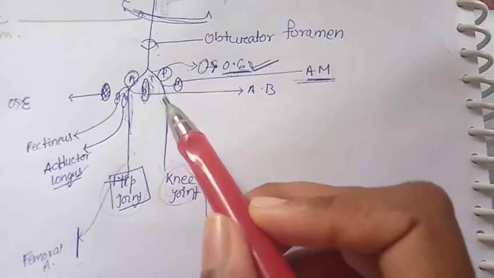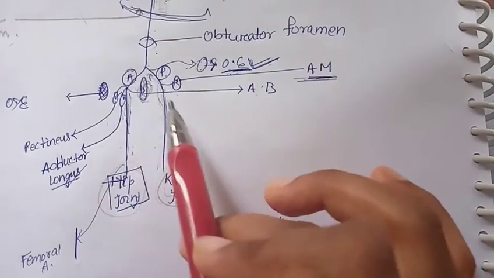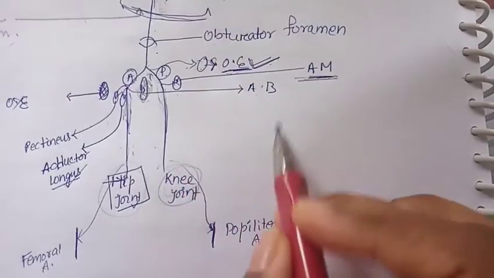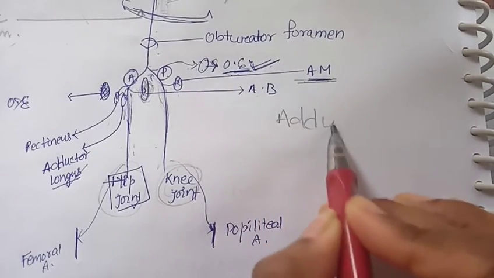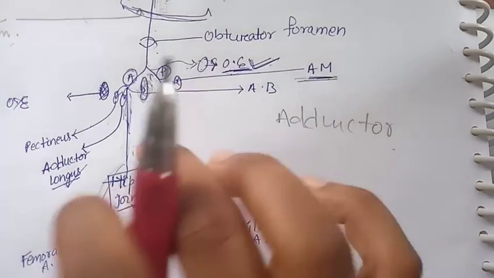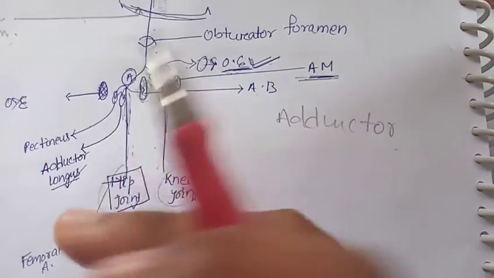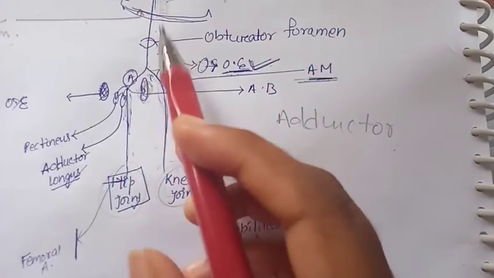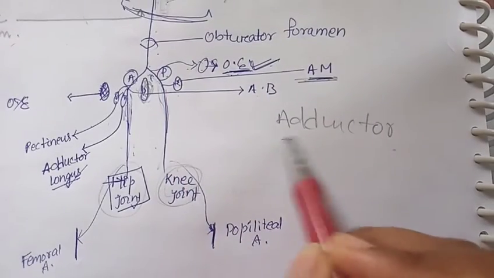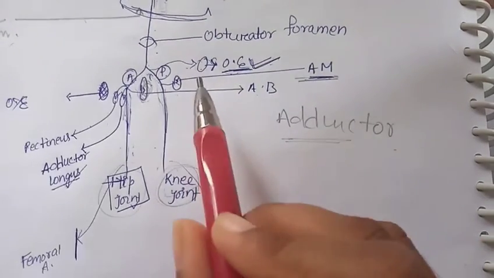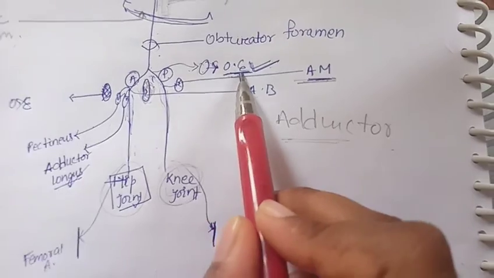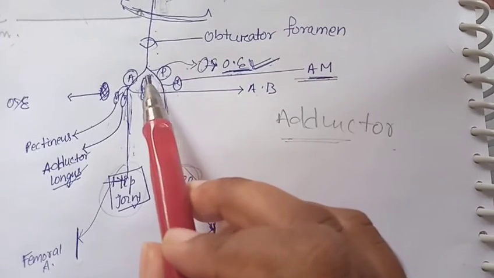What are its branches? Mainly, both the anterior and posterior divisions supply the adductor muscles. The adductor muscles are mainly supplied by the obturator nerve, by both its anterior and posterior divisions. Except for the adductor muscles, another muscle, the obturator externus, is also supplied by the obturator nerve.